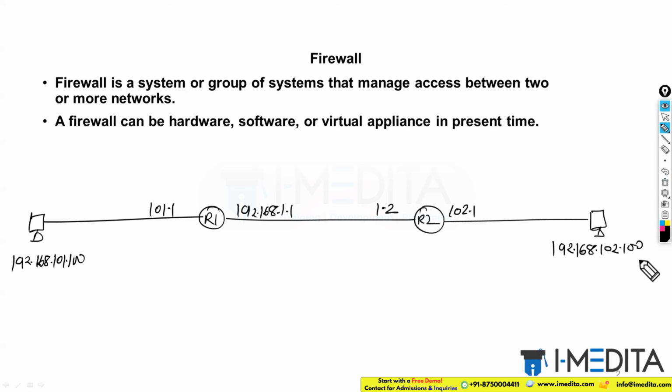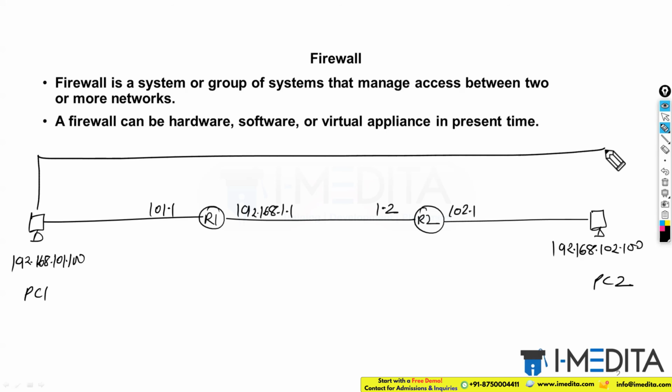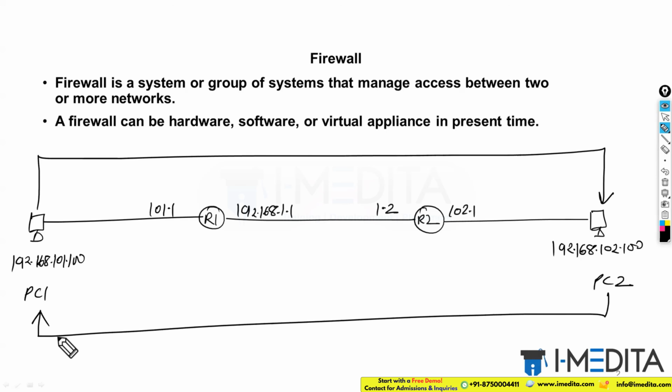So first of all, this is our network. Here we will configure IP addressing and routing. After IP addressing and routing, PC1 will be able to communicate with PC2, and PC2 will be able to communicate with PC1. We will achieve this after IP addressing and routing.